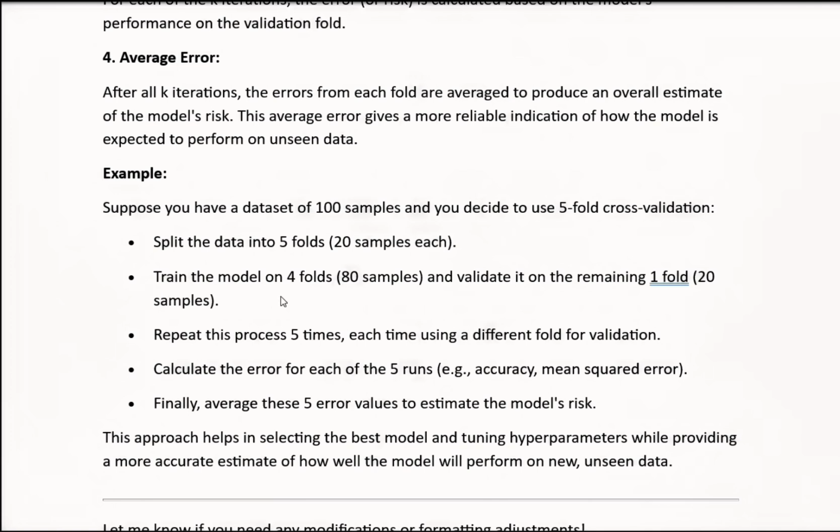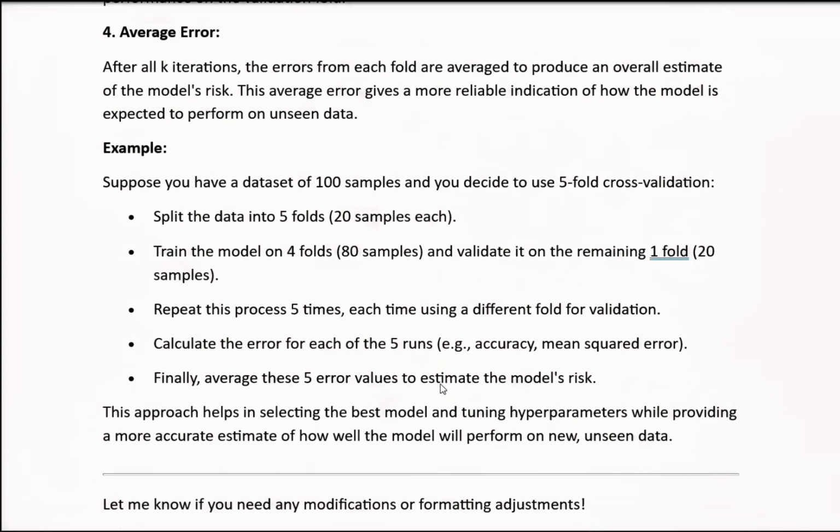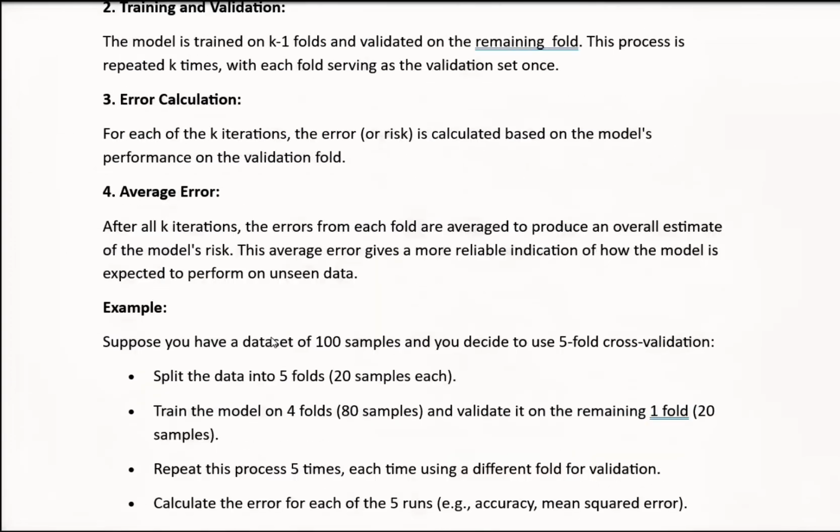Train the model on 4 folds, 80 samples, and validate it on the remaining 1 fold, 20 samples. Repeat this process 5 times, each time using a different fold for validation. Calculate the error for each of the 5 runs, for example accuracy or mean squared error. Finally, average these 5 error values to estimate the model risk.